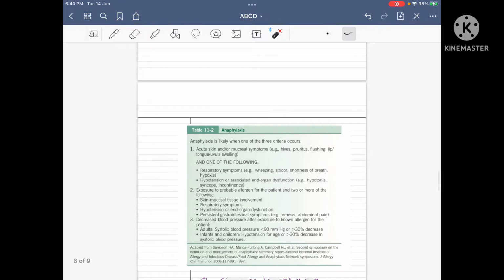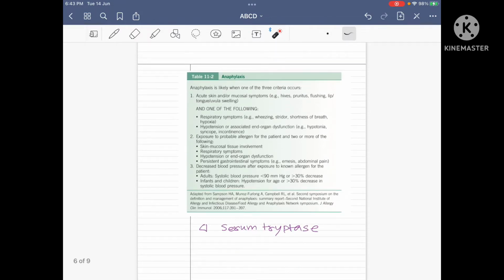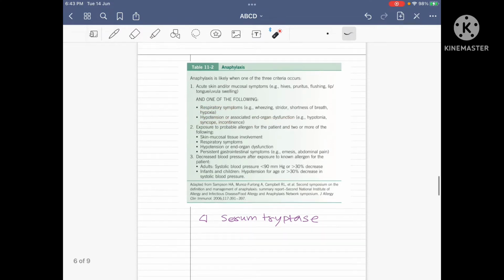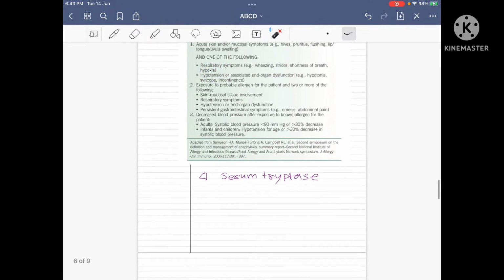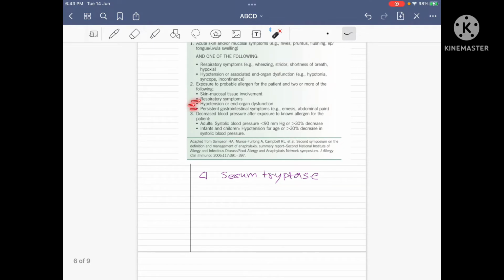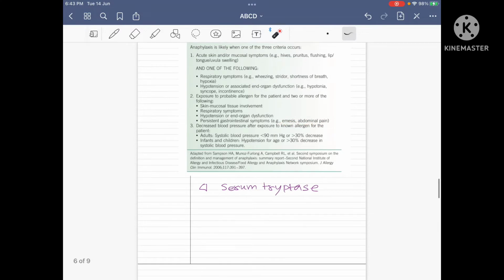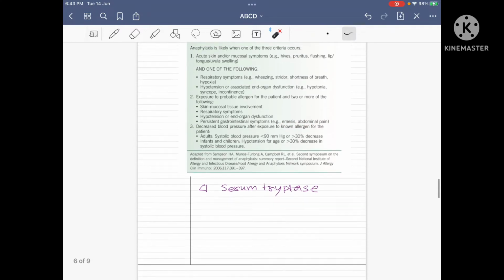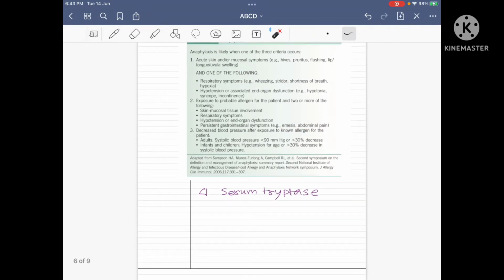And when should we diagnose anaphylaxis? One is skin feature or mucosal symptom along with respiratory symptom, hypotension or any organ damage. Or you can diagnose it with any two of skin symptom, respiratory symptom, hypotension or persistent GI symptoms such as emesis or abdominal pain. Or third, decreased blood pressure after exposure to an allergen, such as food in a restaurant or nuts.